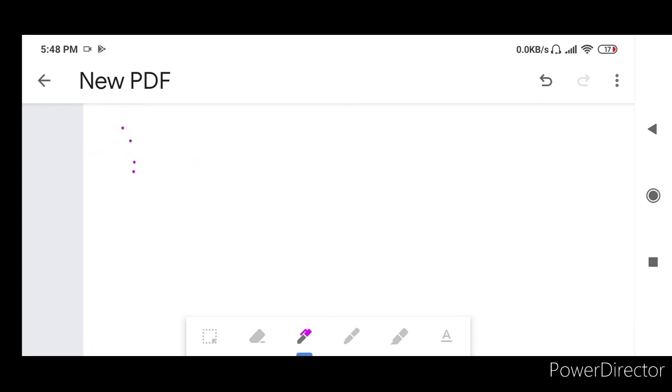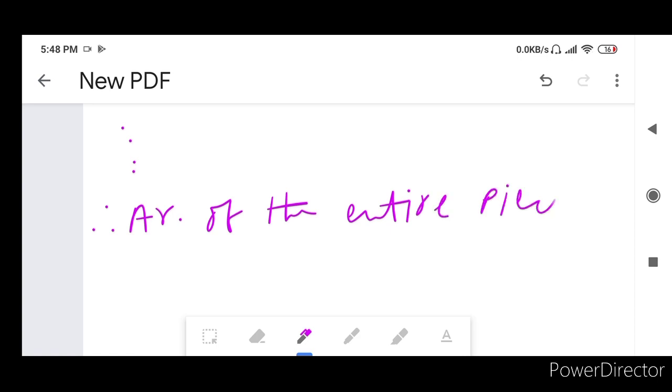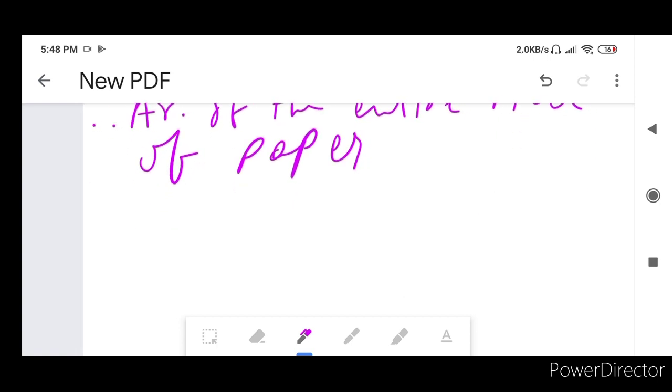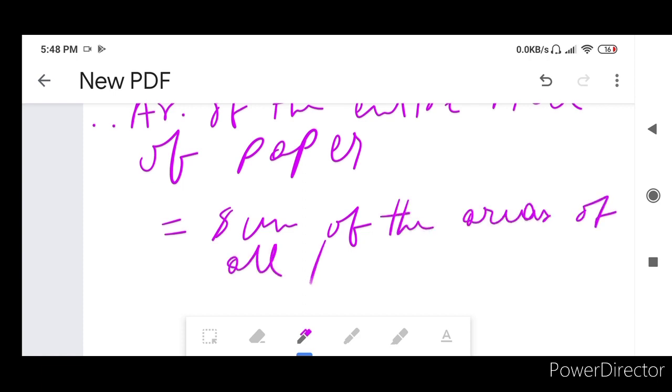So now if I try to find the area of this circle, what will that be? Therefore, the area of the entire piece of paper would be the sum of the areas of all the triangles.